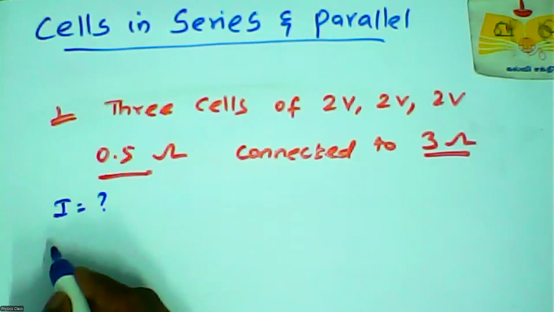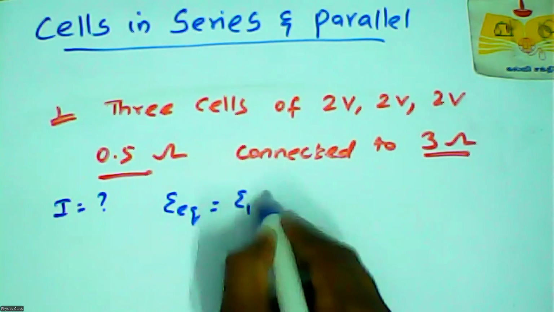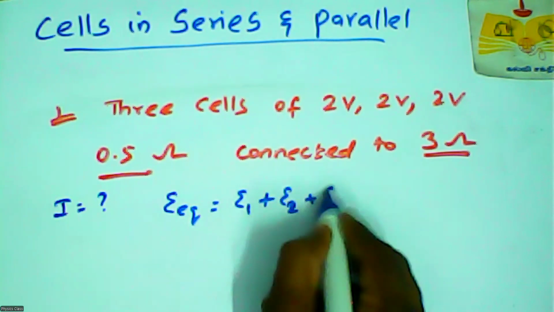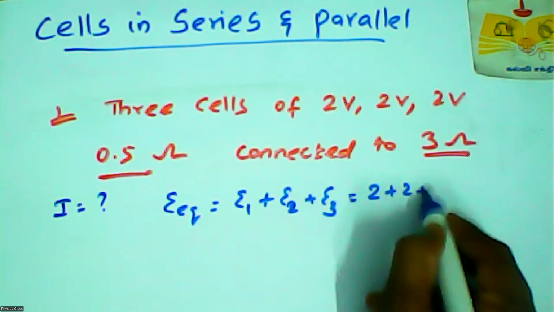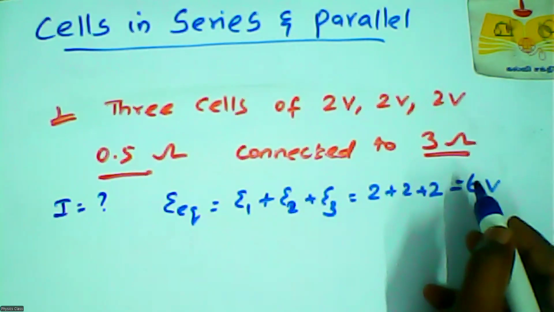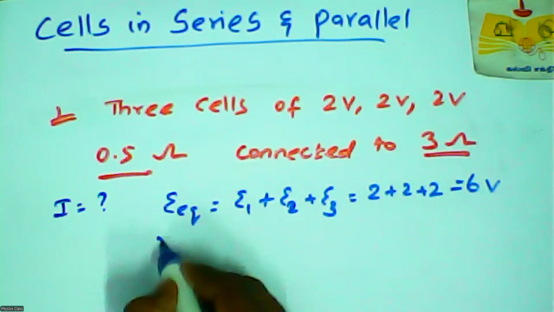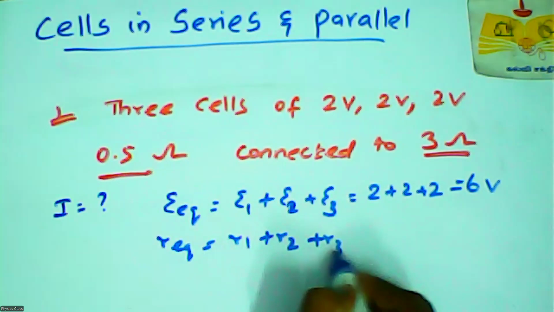So okay. Already I told you in series connection, equivalent means sum of individuals. So 2 plus 2 plus 2, 6 volt. Clear? And equivalent internal resistance, R equivalent means R1 plus R2 plus R3.